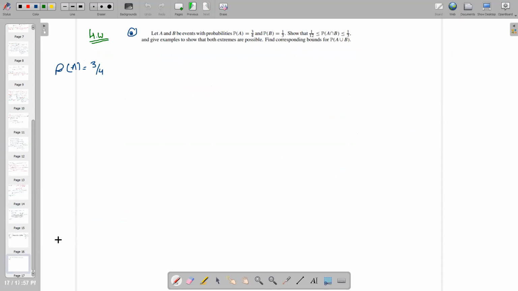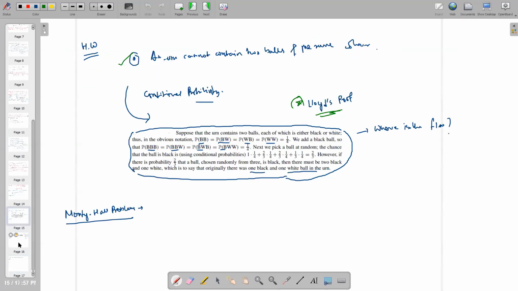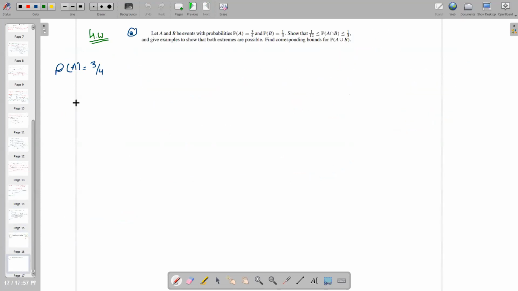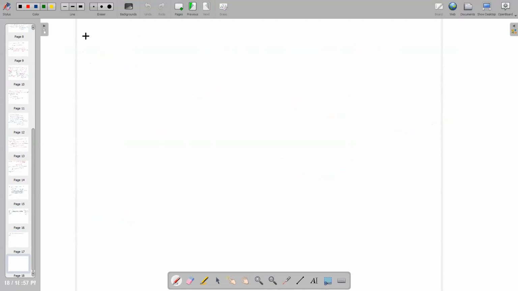Let me end the class today with a problem on finding a PMF. You have noted down these three problems, right? Now let me finish with a basic probability question.